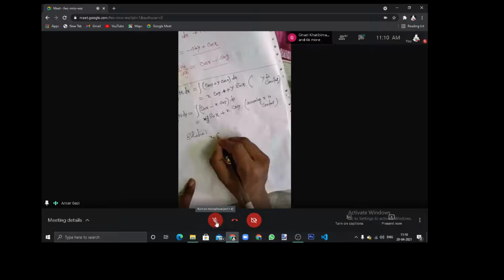Okay, so this can be written as, just by arranging the differential equation, you can solve it. This is cos y into dx, the first term, and from the last term minus x into sin y dy.